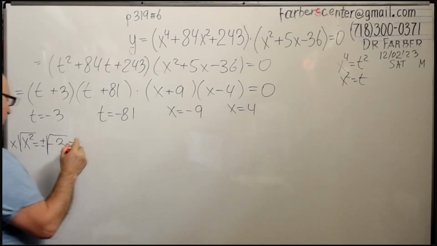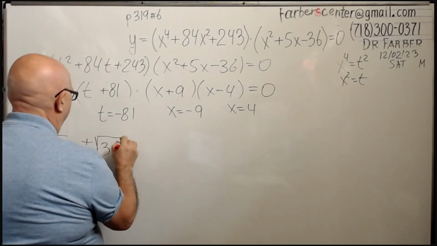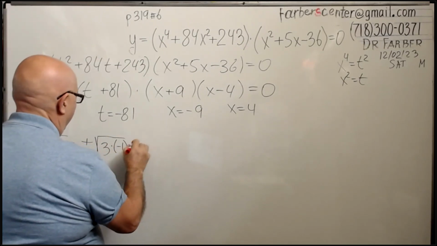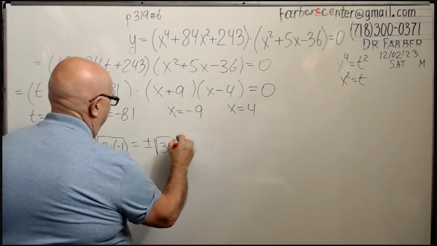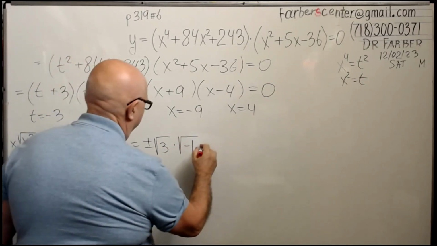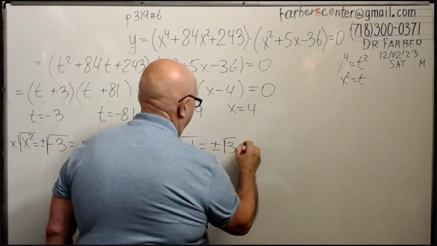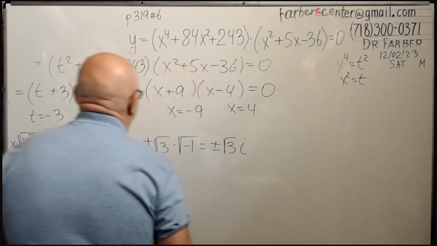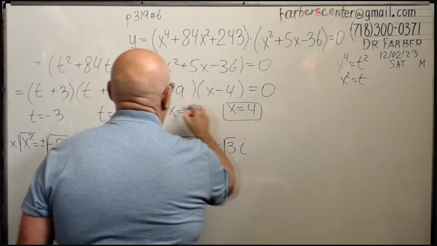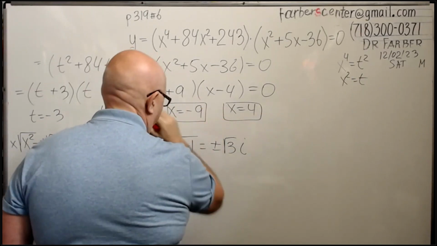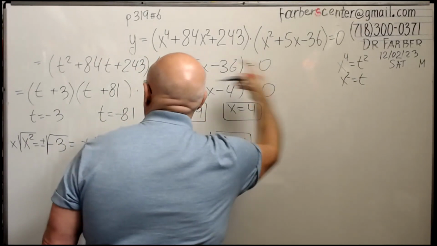It is plus minus square root of 3 times negative 1. It's the same, plus minus square root of 3 times square root of negative 1, or plus minus square root of 3i. So far we have these values. And what is left? Keep in mind the substitution.